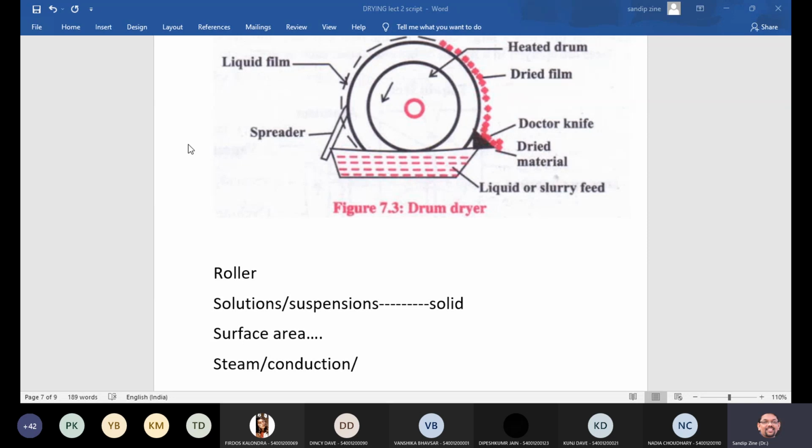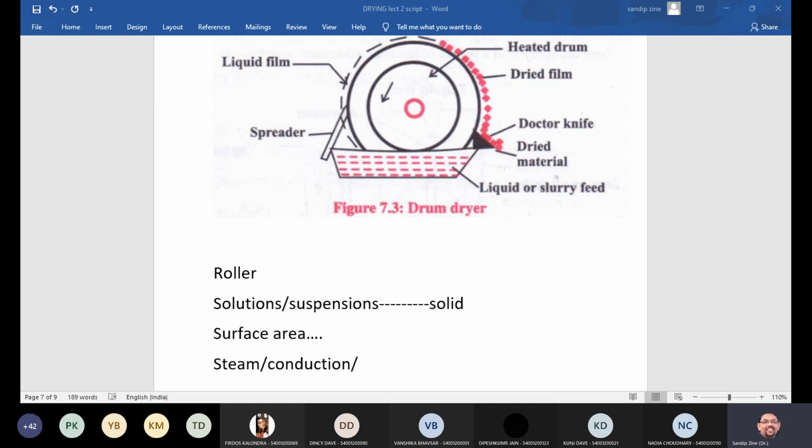And in advantages, you can write as per your choice based on the overall construction and working. I'm sure these points are popping up in your mind. Suppose while writing advantages we can always say drying takes place in less time, or it is suitable for thermosensitive drugs, isn't it?